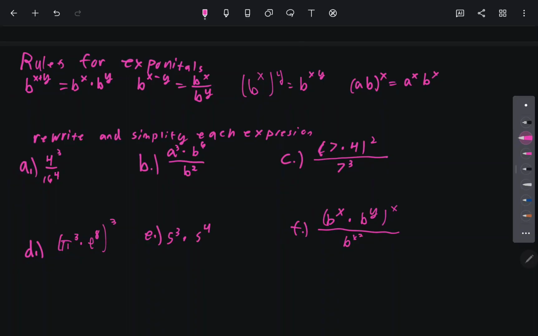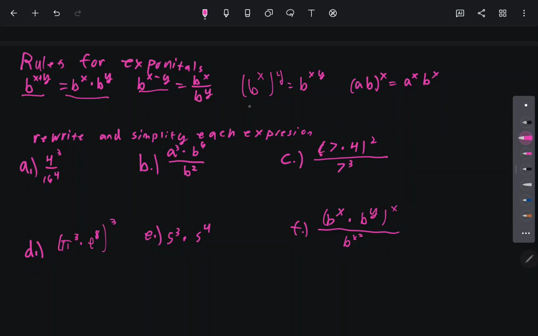So if we ever have a constant b raised to x plus y, it can be divided up by doing b to the power of x times b to the power of y. Similarly, if you have b to the x minus y, you can break it up by doing b to the power of x divided by b to the power of y.